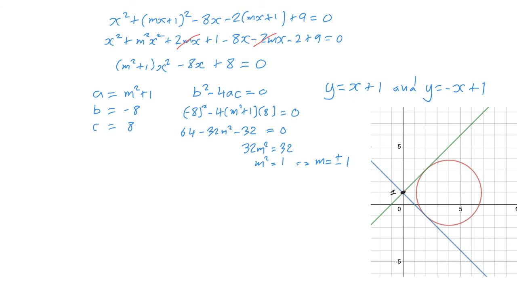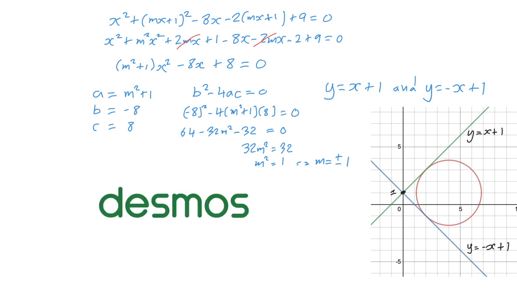One of those tangents, we can see the green line here would be y equals x plus 1. And the second tangent has a gradient of negative 1, it's negative x plus 1. So I would highly recommend that when you're working with circle problems, you think about the geometry. Using Desmos is a great way to sketch these, or certainly to help you with your own sketches, and just to see what's happening.